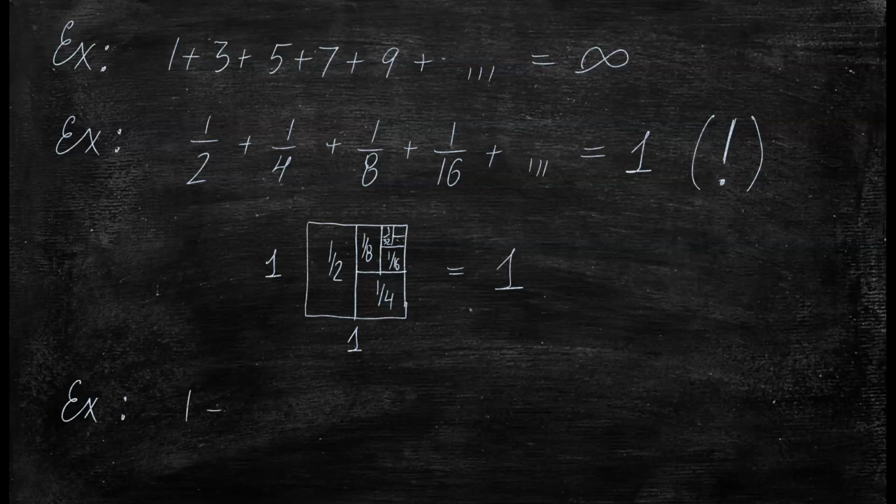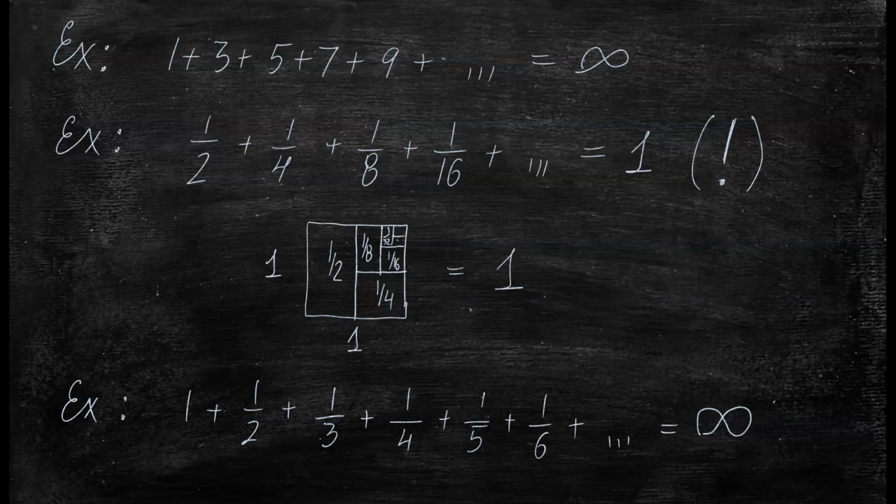Another example, if you take the reciprocals of, now that we know that reciprocals of numbers get pretty small and can be added together, and the answer can be finite, what if we take the reciprocals of all natural numbers and add them together? Well, the answer will then be infinity.